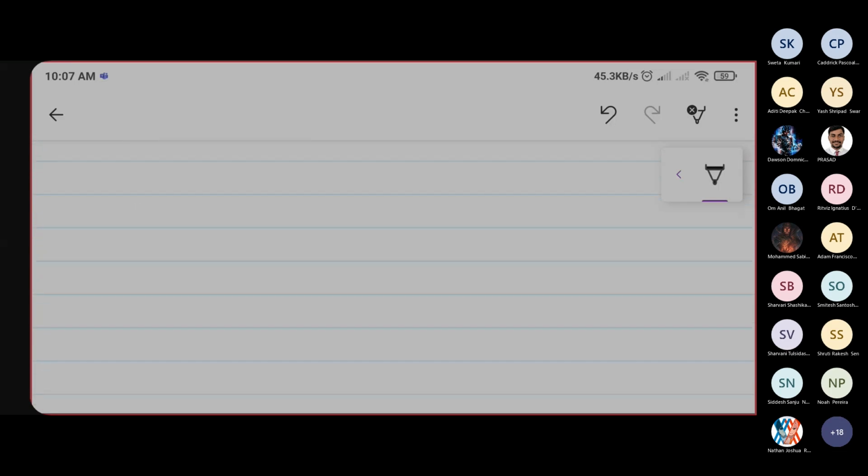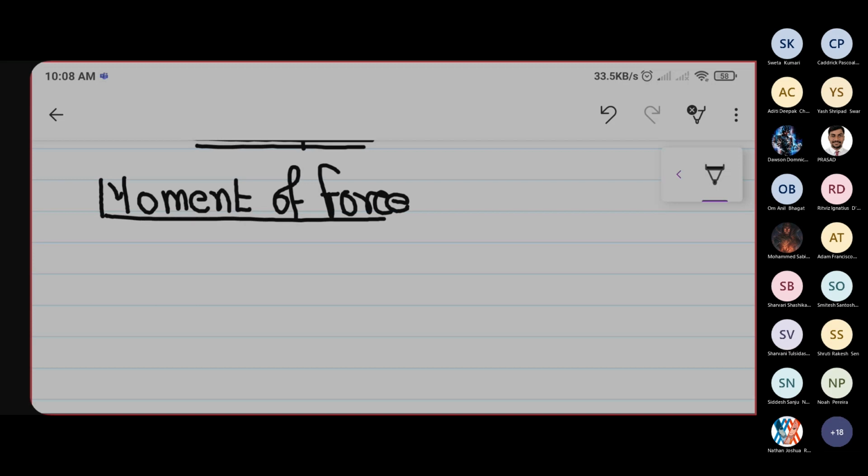Okay. So in this third chapter, first we have to learn a new concept called the moment of force. Just see, it is not movement, it is moment. What is moment of force?